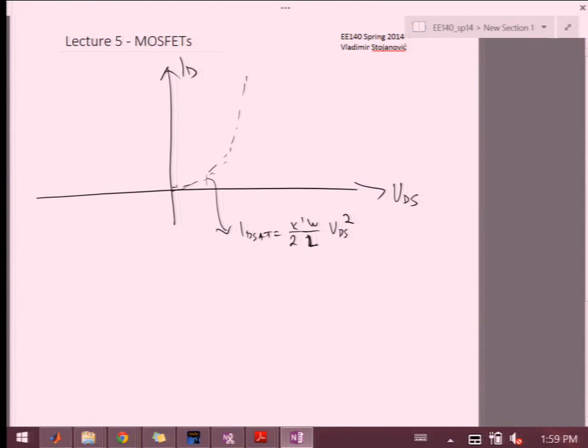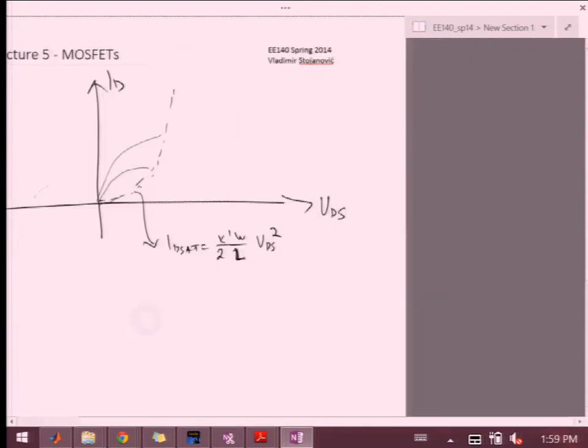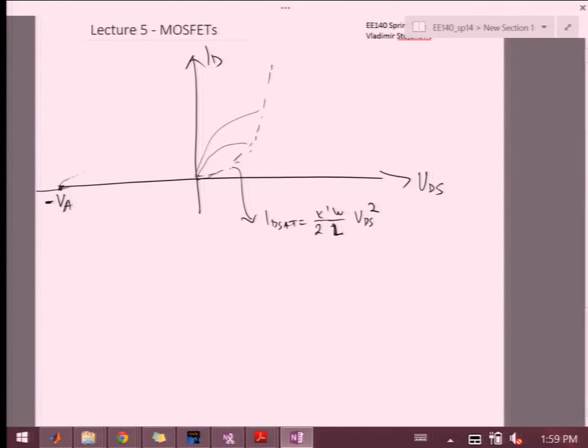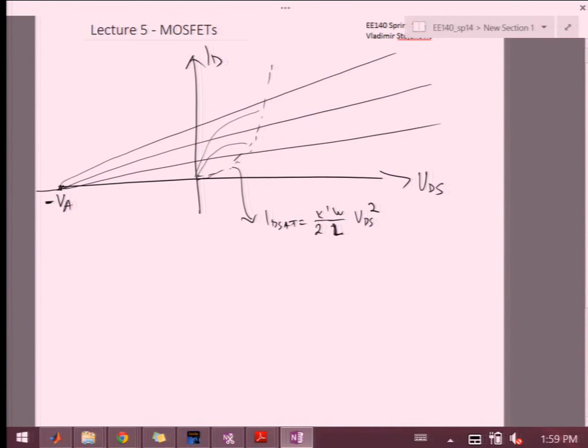And then in this region I have this early voltage, and I know that from here I'm going to be getting some slopes. Then my curves will essentially go like parabolas, depending on the linear equations in the linear region.